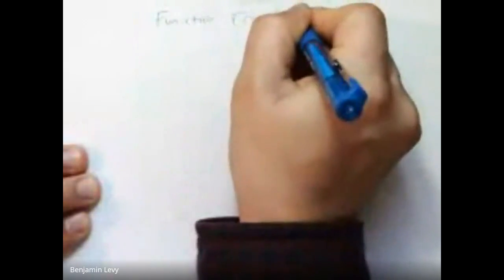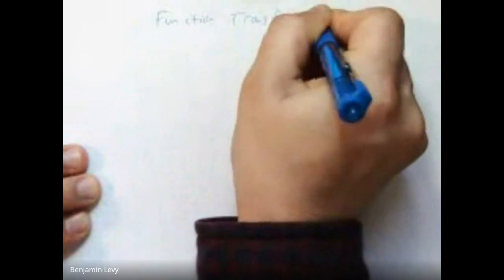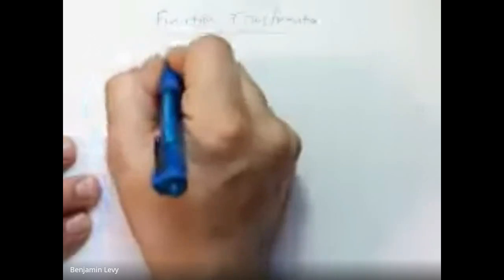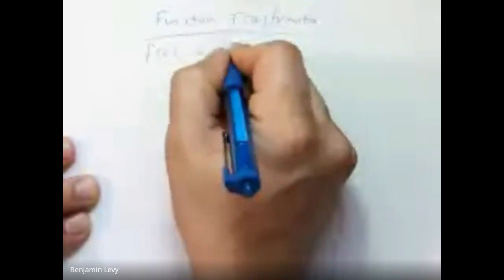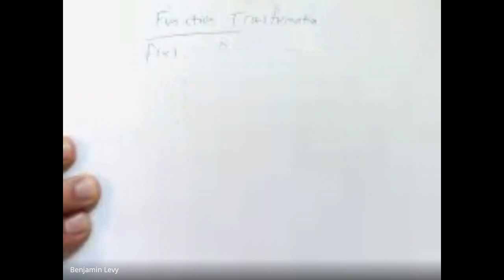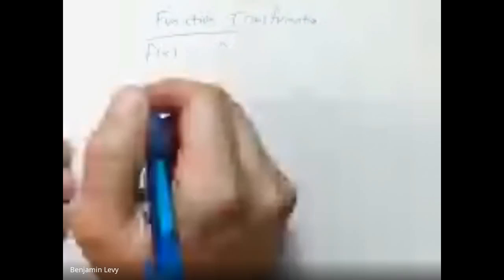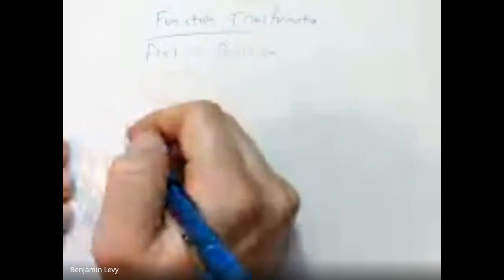So function transformations. Let me write down the main ones that we talked about way early on. So let's say f(x) is a function. We can apply the following transformations. Let me break it down by vertical and horizontal.